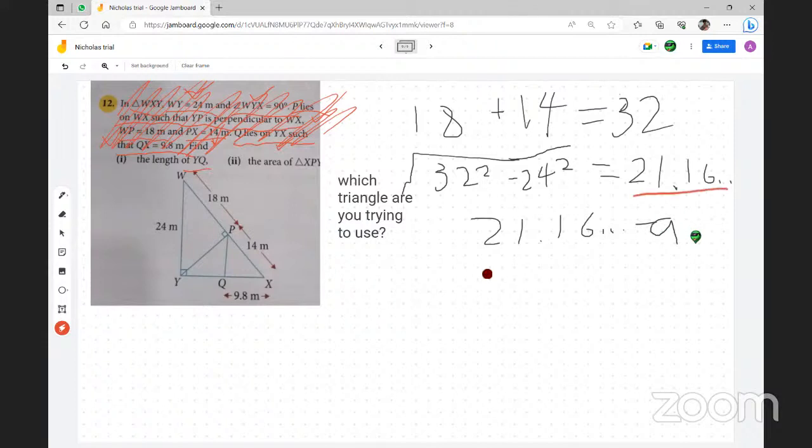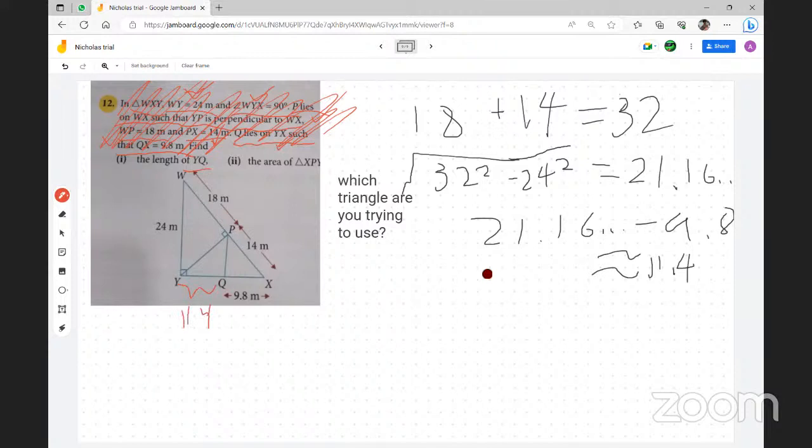You should only throw away the last sum. So keep it in the calculator, do this one, and then you get a nicer answer. 11.4 does look about right. So this is 11.4.